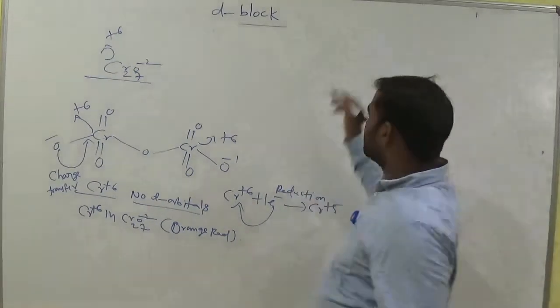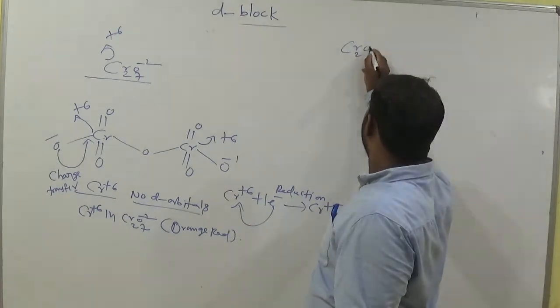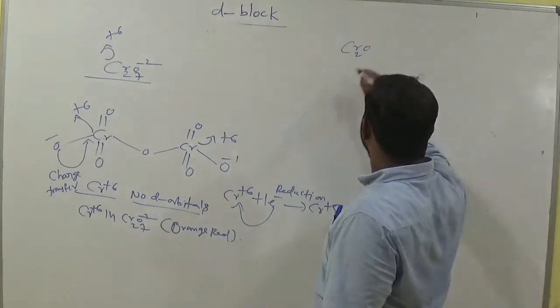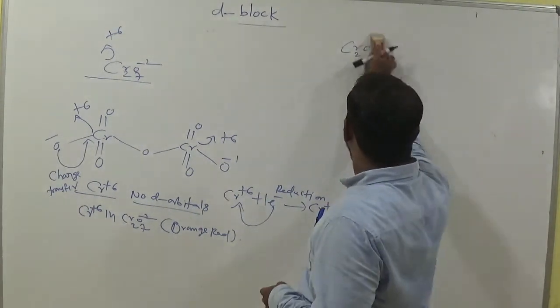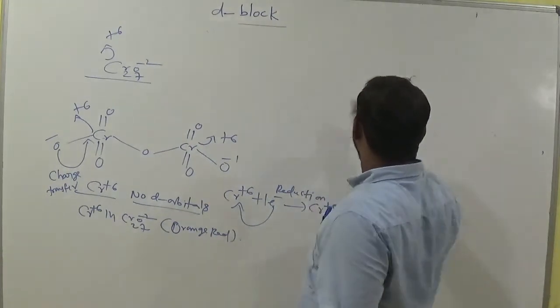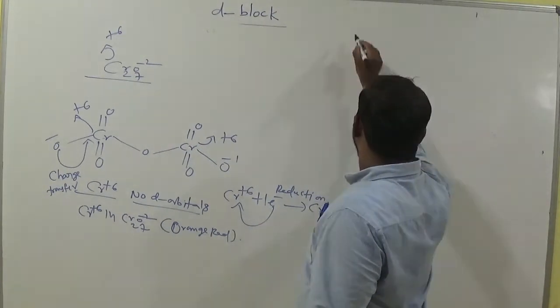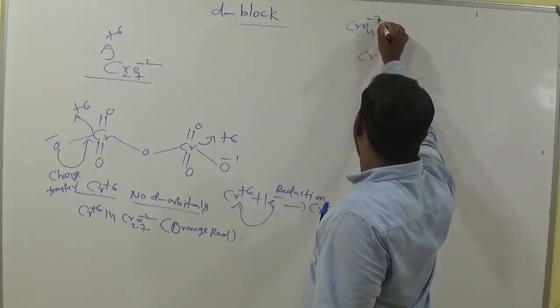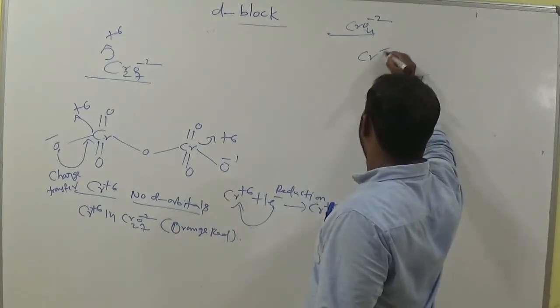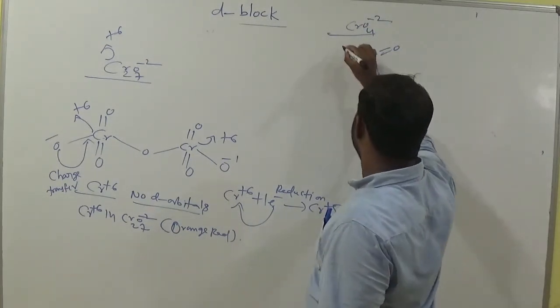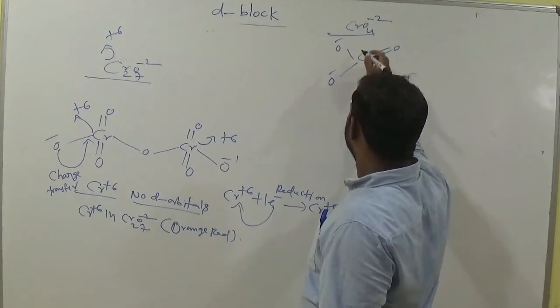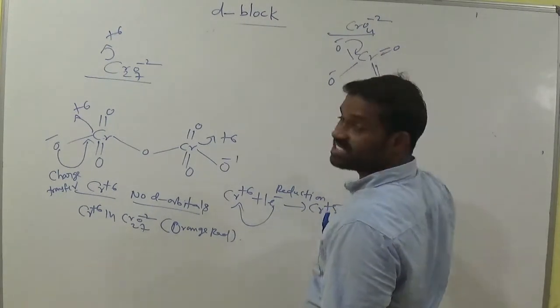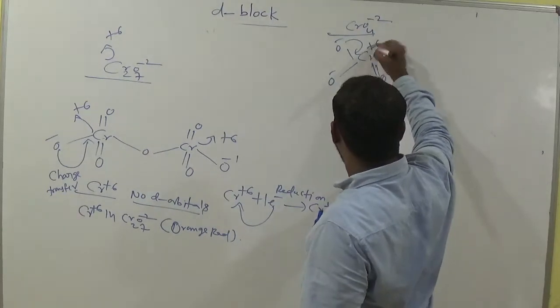And what about the third one? That is CrO4 minus 2, the chromate ion. The structure is like this. O minus. Here also charge transfer takes place. What is the oxidation state here? Plus 6.